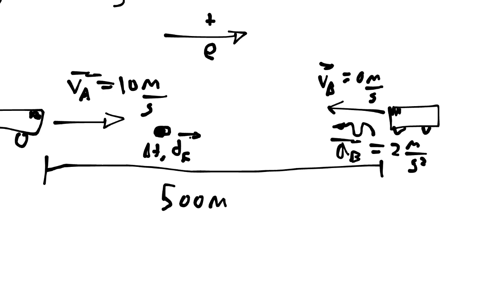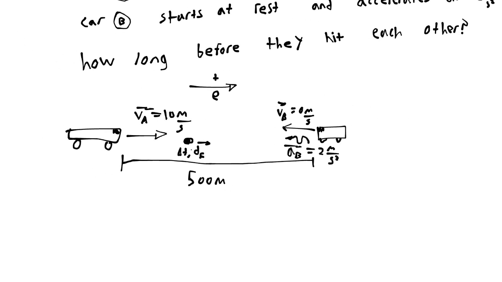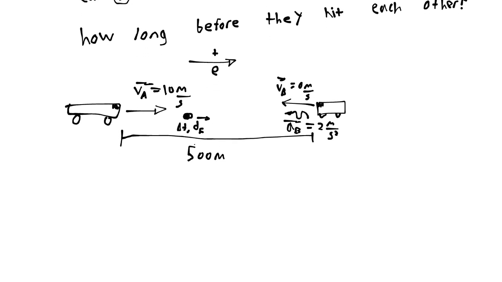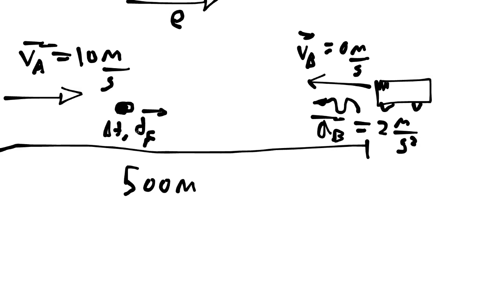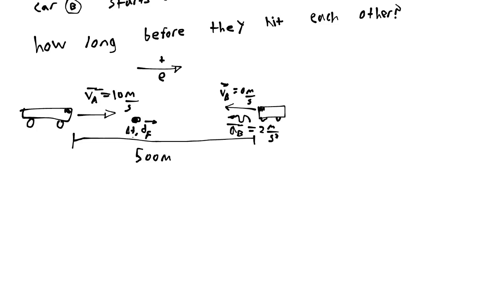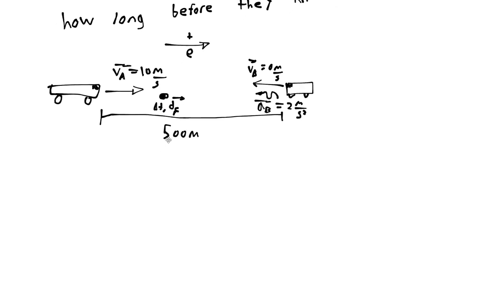They're going to have the same position and the same time at that point. So at that point, we need to find the same time or the same distance. You can do either, but I would find when they're at the same distance first and then just see what the time is.